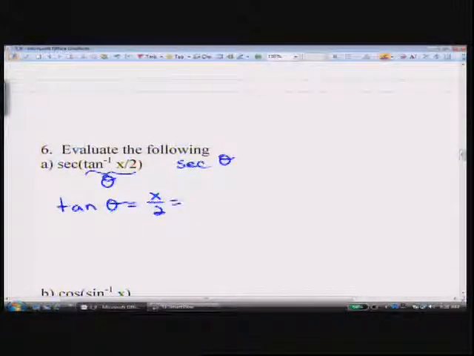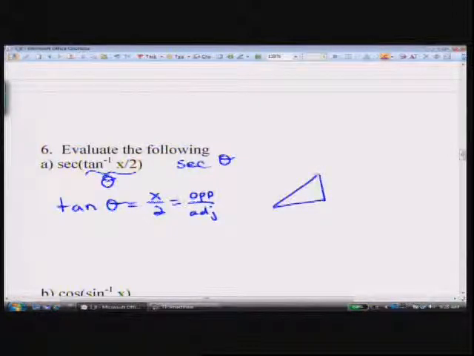Now the tangent is, taking oats away, opposite over adjacent, right? However you have that memorized. So that means if we were to draw a right triangle and pop a theta right here, the opposite is x, the adjacent is 2. And so the hypotenuse is the square root of this squared plus this squared, or 4 plus x squared, right?